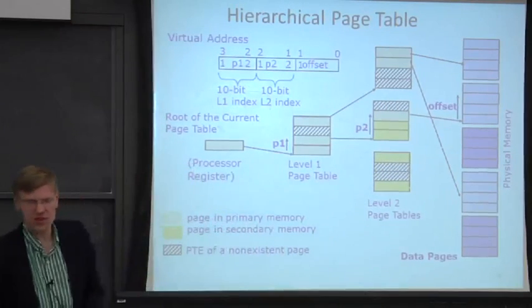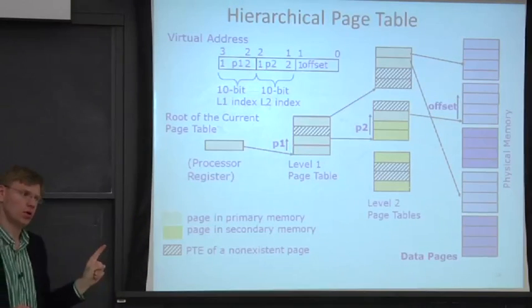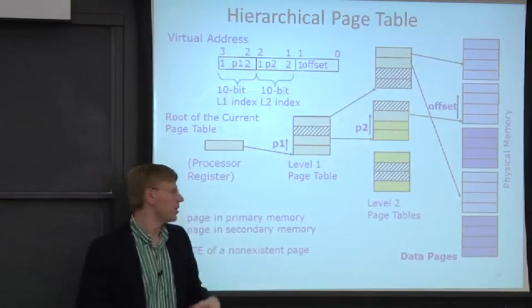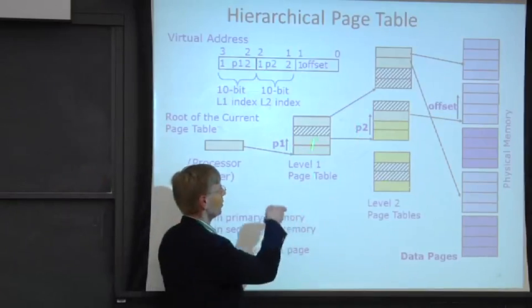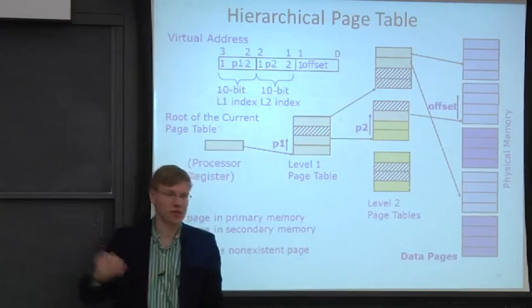One thing that this does not change is you still have one page table base pointer per process or per user. You don't need to have bases over here because the bases of the second level come out of the first level. So it's a tree.